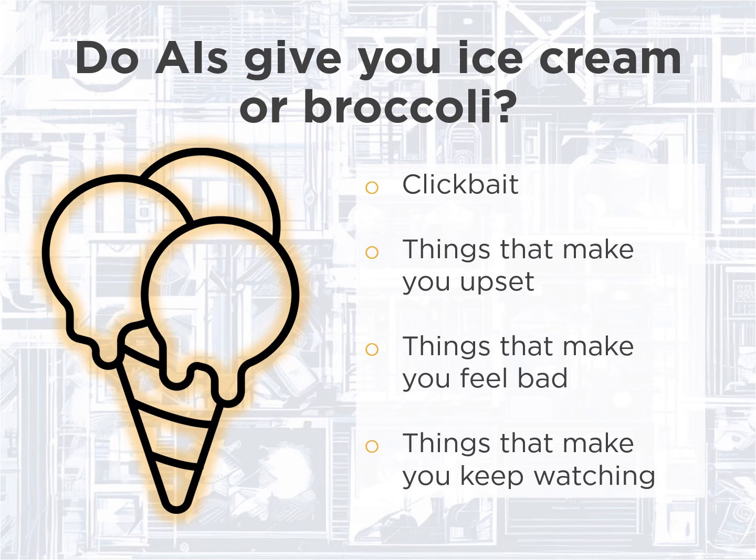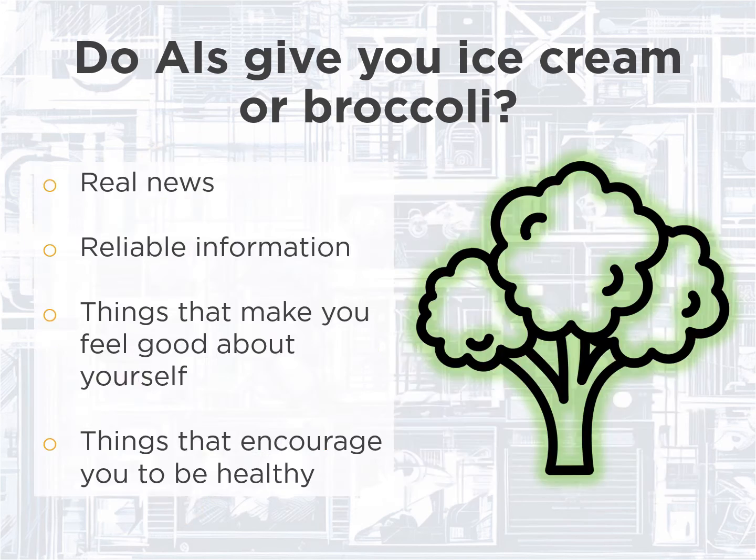Things that make you angry or upset, things that make you feel bad about yourself, or things that make you keep watching or playing even when you know you shouldn't. To put it another way, what are some things you see a lot in your feed but regret reading or watching? What are some things you have to look for in your feed but that make you feel better?